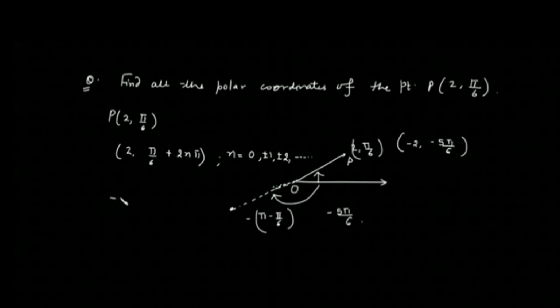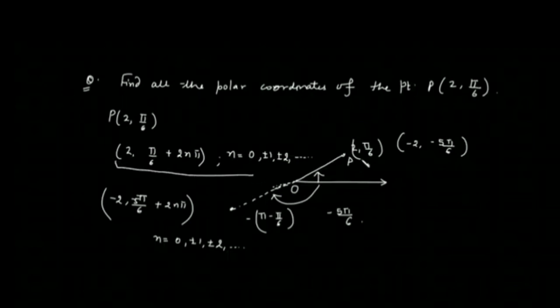Again in this point, if you add 2n pi, where n varies over 0, plus minus 1, plus minus 2, all these are other representations of the point P. So these are the representations of the point P with forward distance, and these are the representations with backward distance.